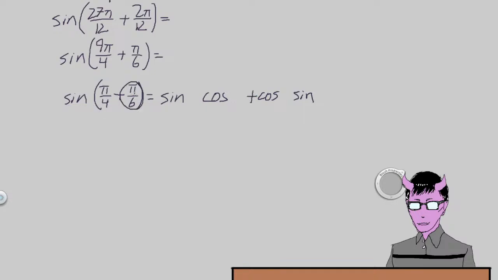Argument number 1 and then argument number 2. So argument number 1 is pi over 4. Following my version of the algorithm. I think most people do it this way. Some people flip these two. It's not my favorite strat, honestly. But as always, whatever works for you.